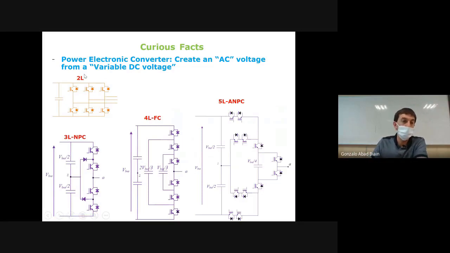So probably this converter topology will be enough. Some manufacturers will go with these new semiconductors in one direction, and maybe others will go in the other direction. But the future is not so clear.